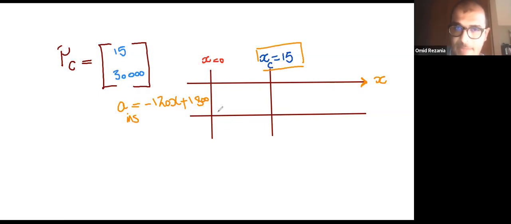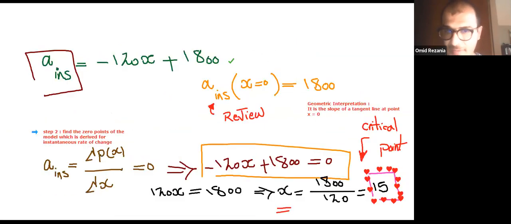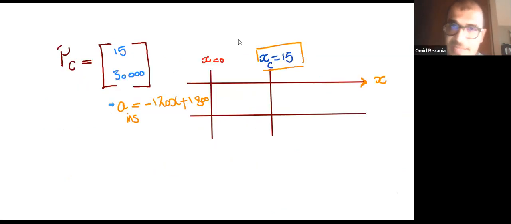Okay, now, guys, this one which I have here is the instantaneous rate of change. Let me double check to make sure that's the correct one. 1800 at the back, that's the correct one. Look at this one here.